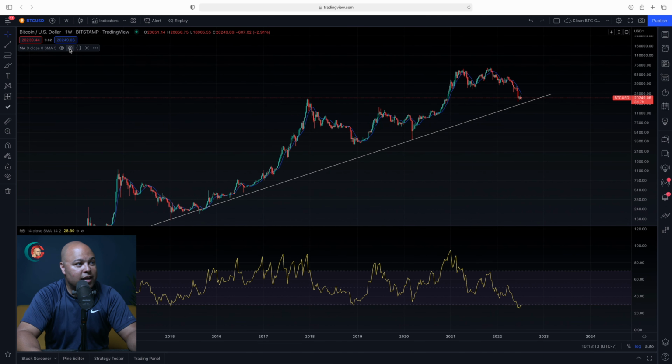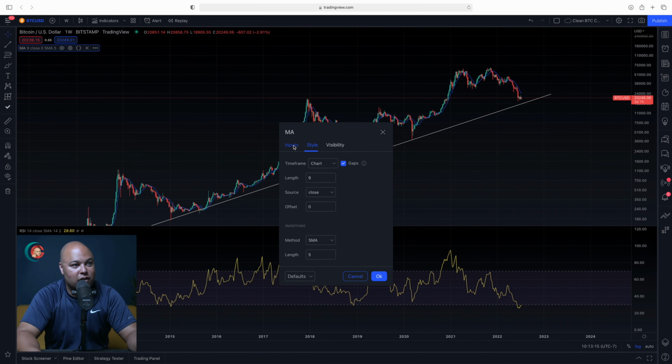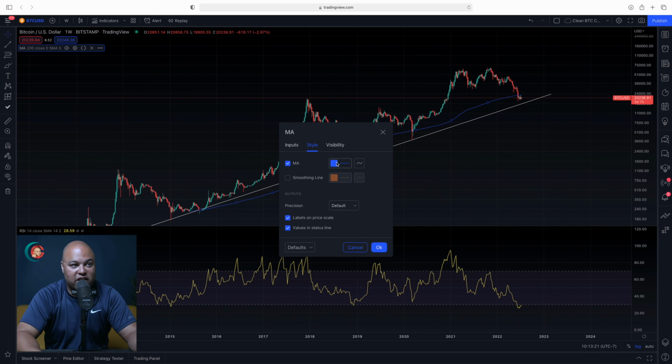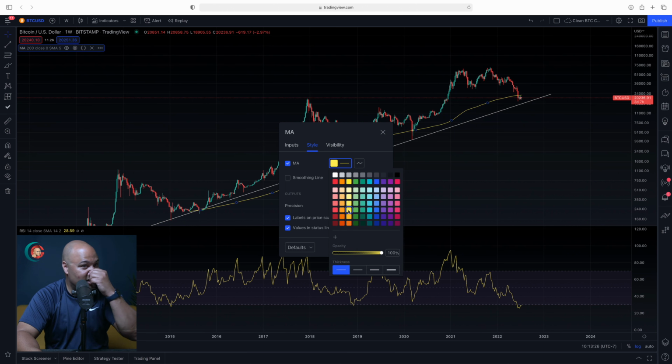I'm going to go into the inputs of this indicator and tell it that I want to look at 200 days. And I'm going to change the color of this indicator to yellow, simply because I like yellow. I use yellow for my 200.